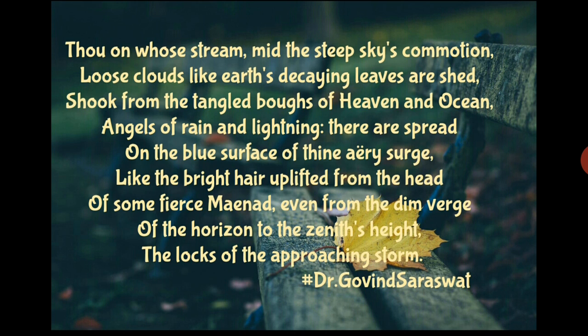That's why he says, even from the dim verge of the horizon to the zenith's height, the locks of the approaching storm. Now again, he says that the locks of this fierce maniac resemble the dark clouds in the sky, and these dark clouds are an emblem of an approaching storm.